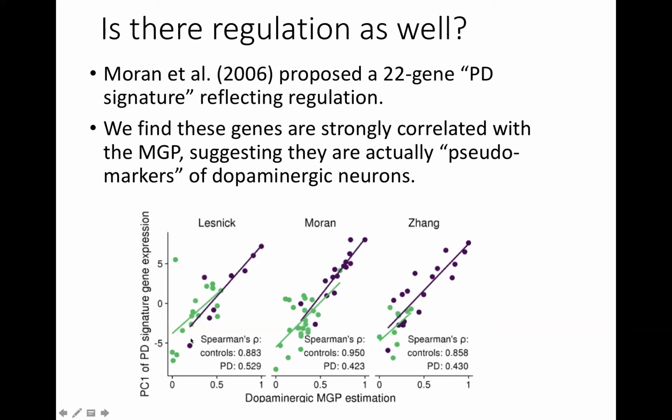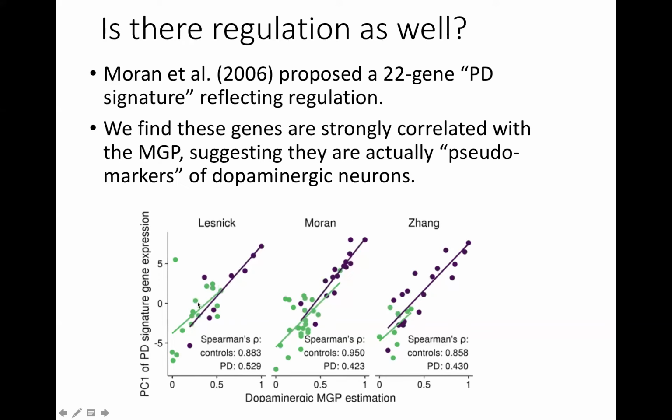That's what's shown here for the principal component of their signature genes. So this suggests that they're actually weakly markers of dopaminergic neurons. They might not have been good enough to make it to our marker list, but they're highly correlated with other markers. And this is true for both the controls and the individuals with Parkinson's disease.